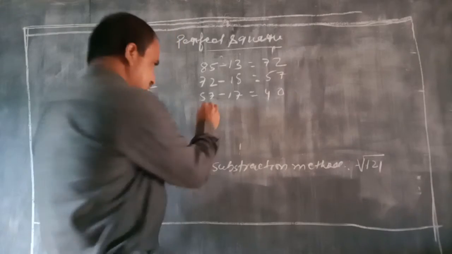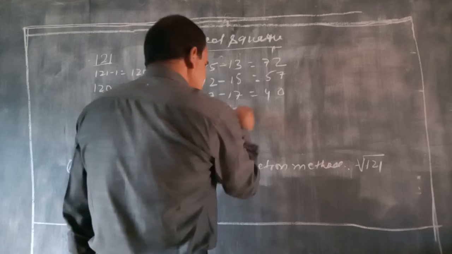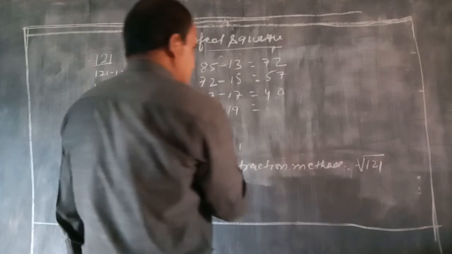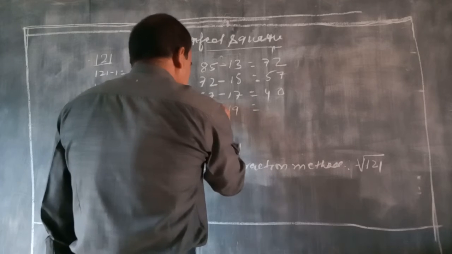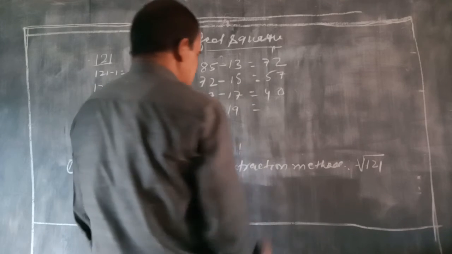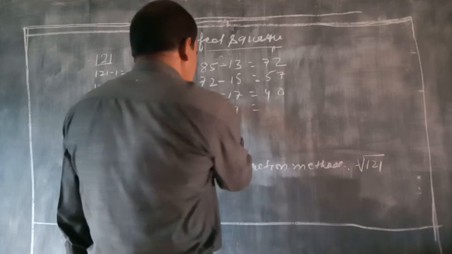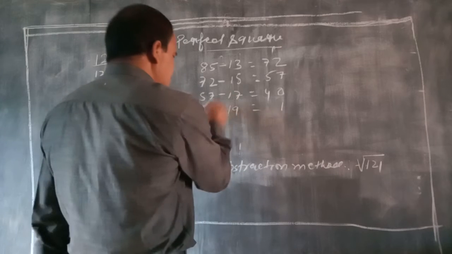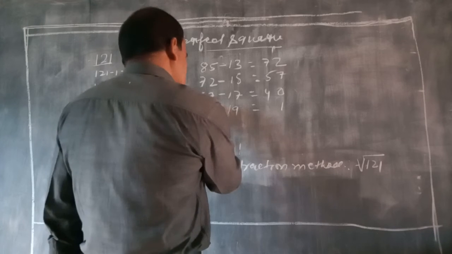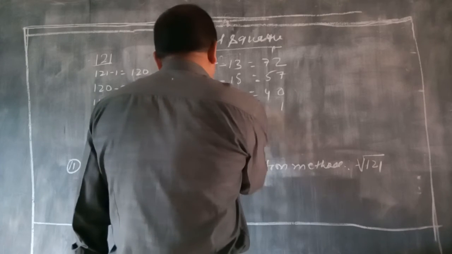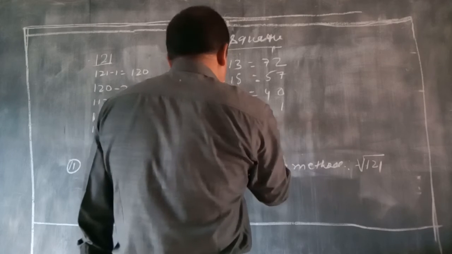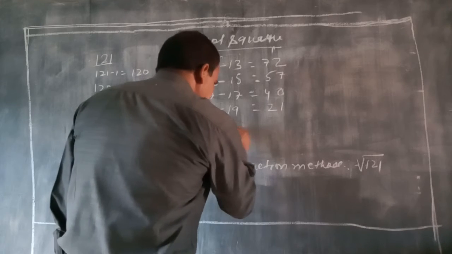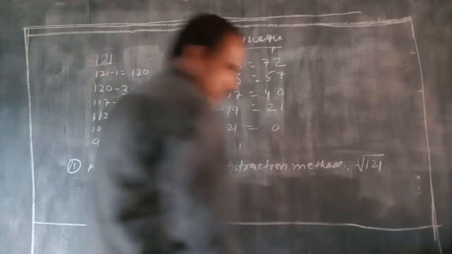40 minus 19 gives 21. Next, 21 minus 21 is equal to 0.